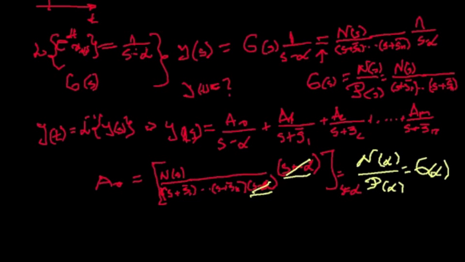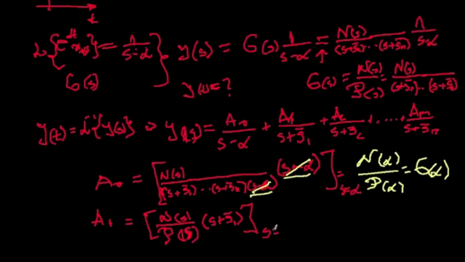Other coefficients will be found in the same way, as N(s) divided by P(s) times s plus s1, and this expression evaluated at s equal minus s1, and so on.